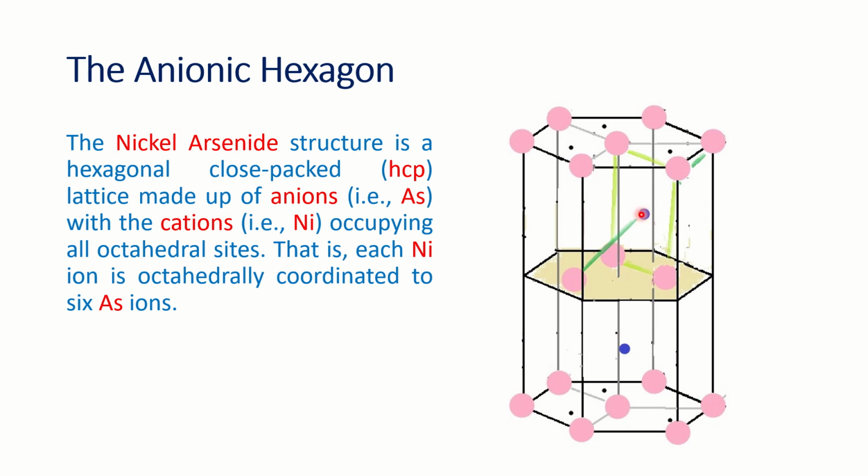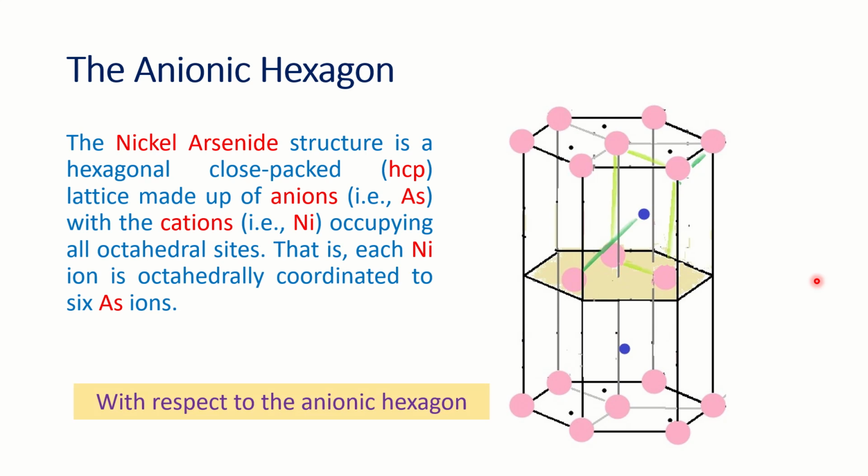So this hexagon you can see here. With respect to this picture, this is the anionic hexagon. This hexagon is made up of the arsenide ions. But if you want to see the cationic unit cell, then how will that look?